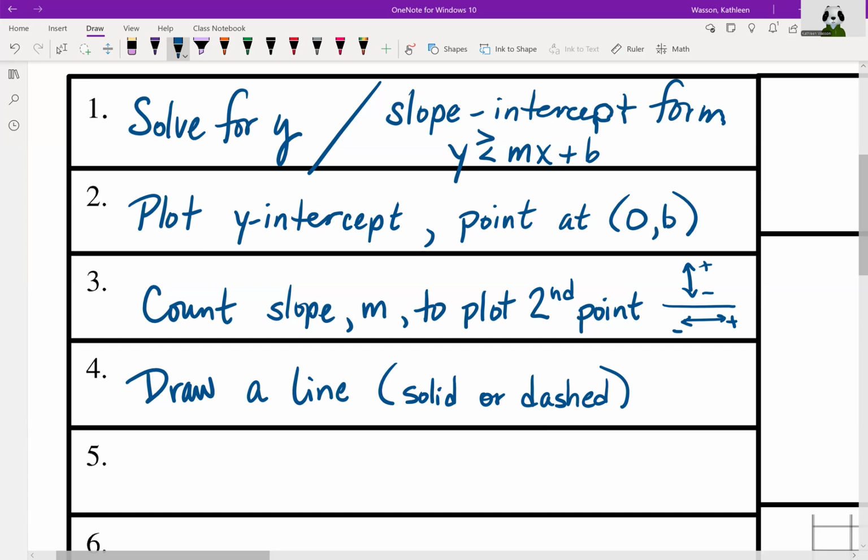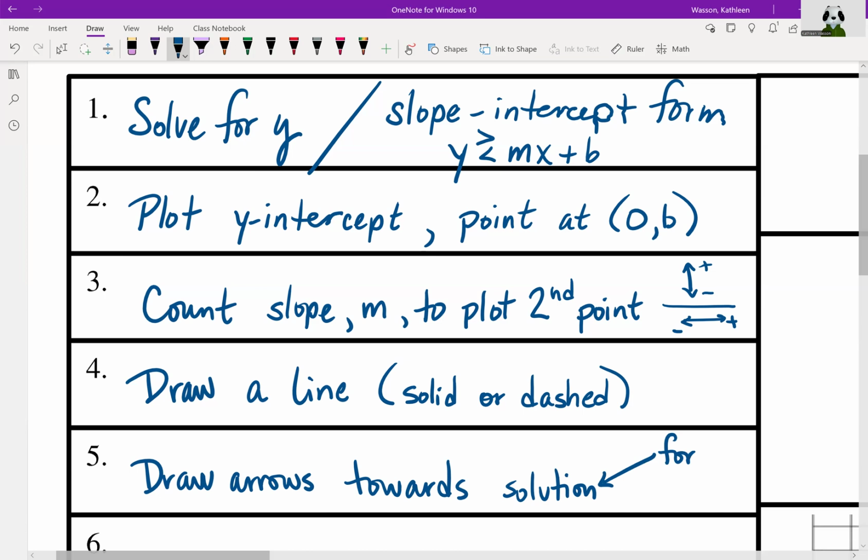So I'd like for you to draw arrows, starting on that line towards the solution. And that solution is for that one inequality.